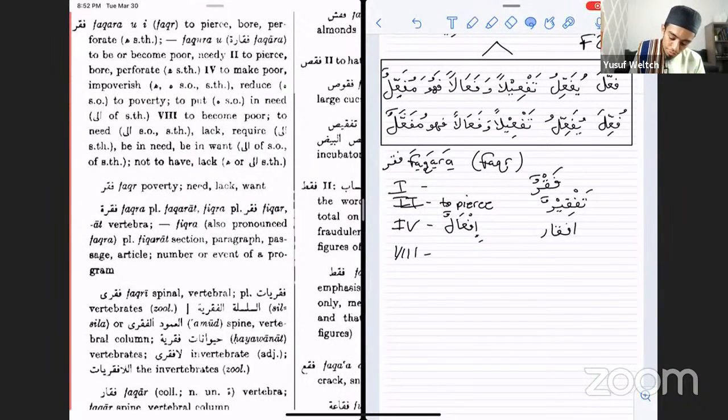What does it say next to the Roman numeral 4? To make poor. Make someone else poor. Good. Okay, so ifqar, and then there's one more. What's the root noun for form number 8?